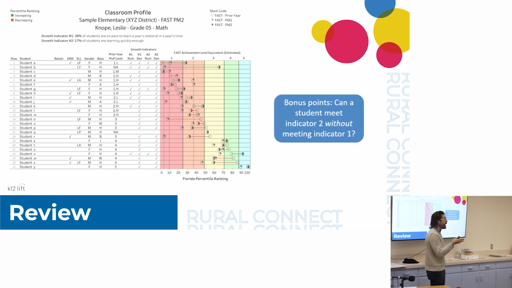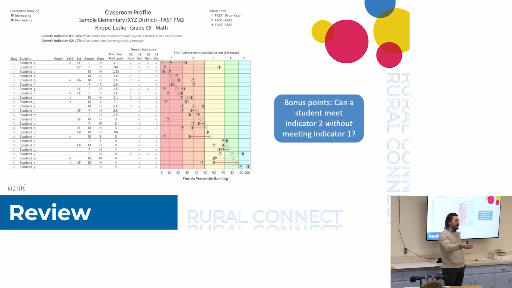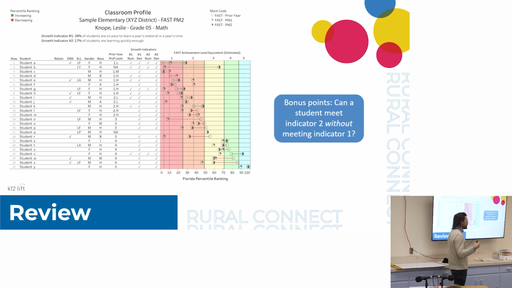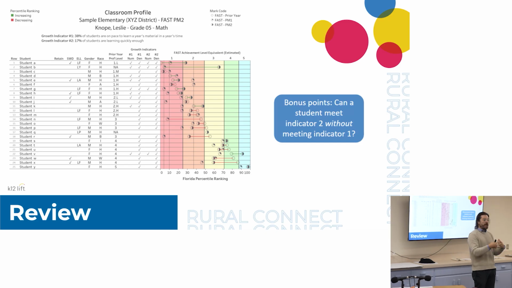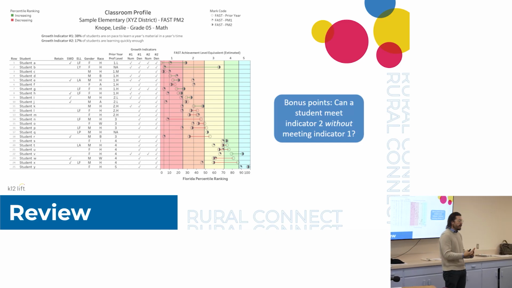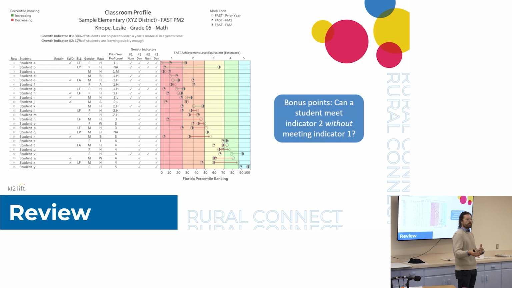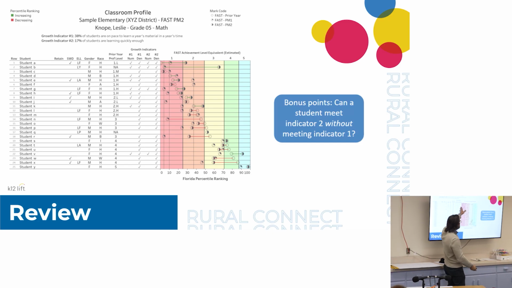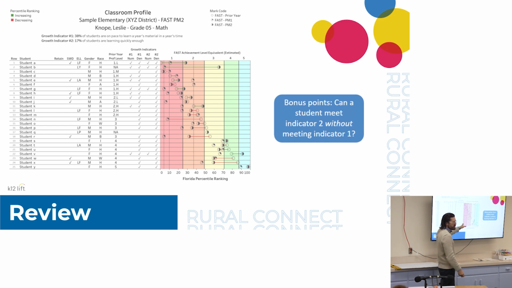And so if I am increasing my percentile enough to grow a bucket, well, then I increased my percentile. So that's also growth indicator 1. If I maintained or increased my percentile enough to stay a 4 or a 5, well, then I maintained my percentile. That's also growth indicator 1. So you'll never see checks for 2 where there's not checks for 1.